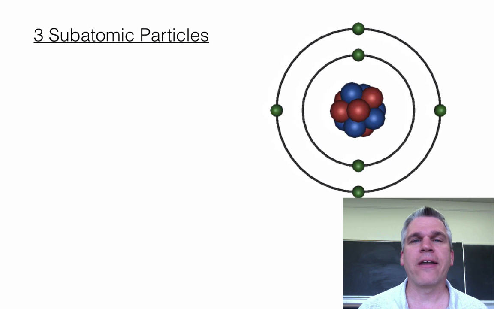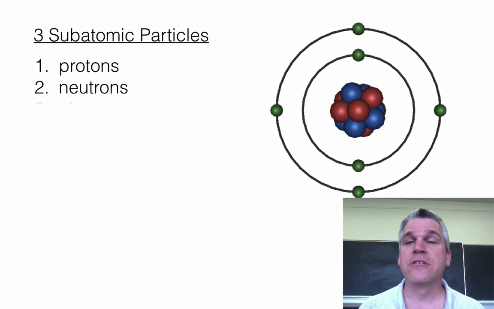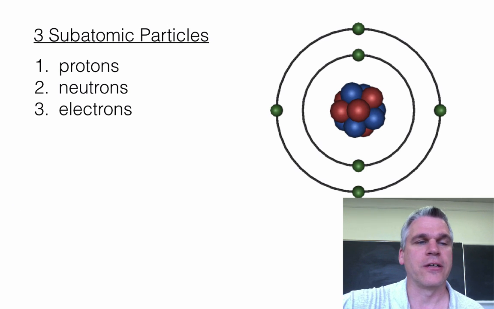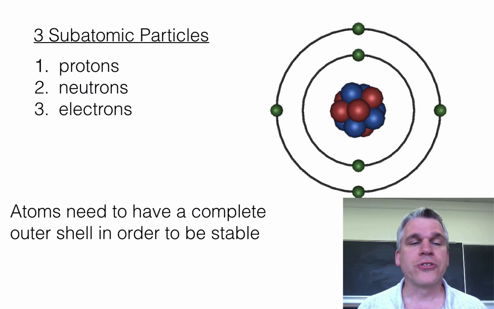Now recall that all atoms are made up of 3 smaller particles. We have protons and neutrons in the nucleus, and then flying around the nucleus are the electrons, and those are found on the electron shells or the energy shells. Recall also that all atoms need to have a complete outer shell in order to be stable.